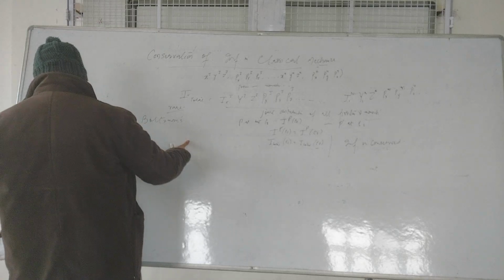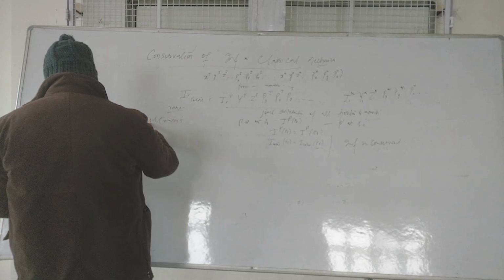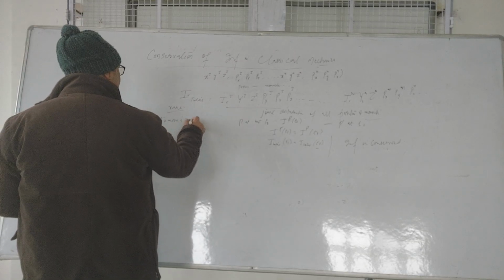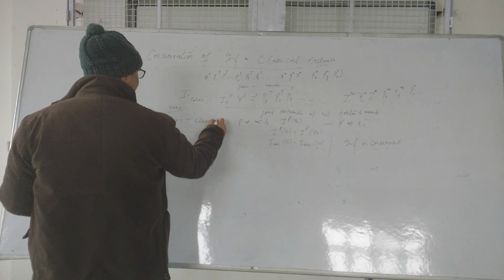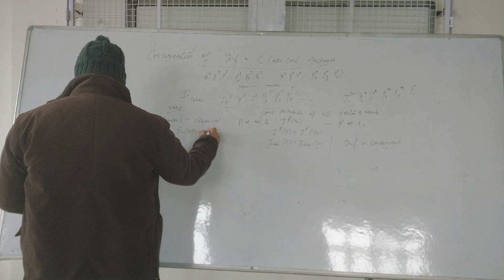we can say the Maxwell-Boltzmann distribution, Maxwell's distribution, we should say, is where the classical entropy is maximum.